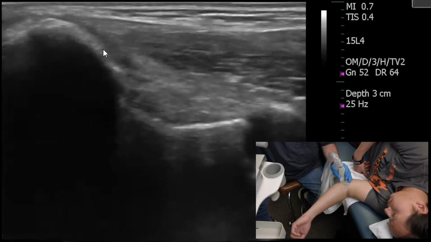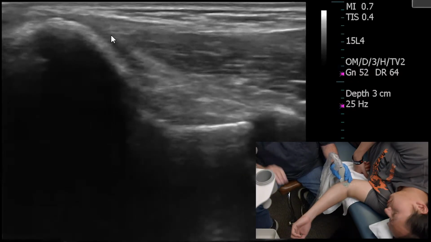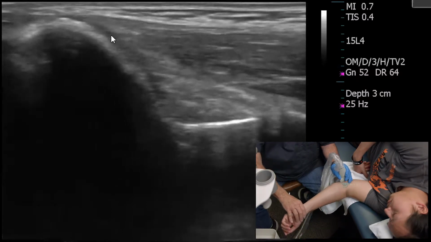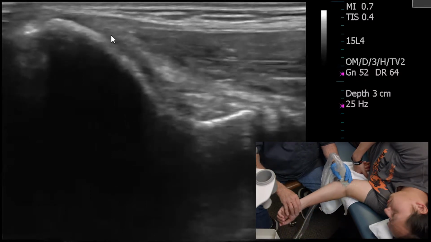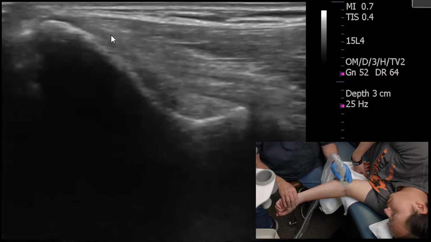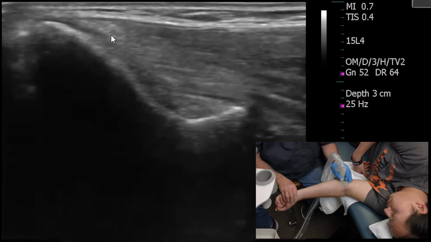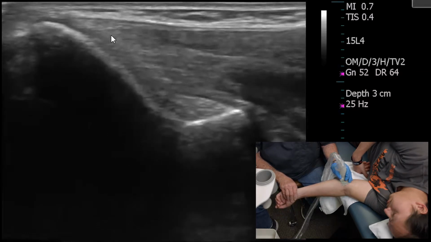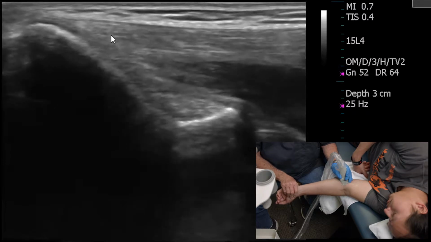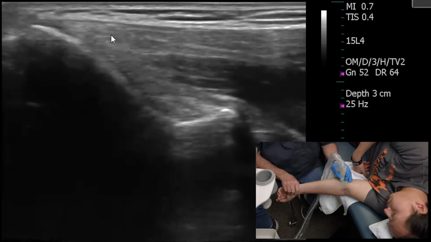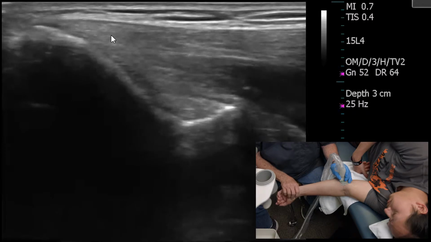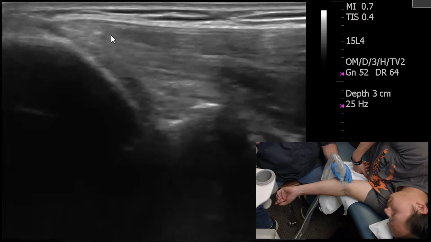Now, as I straighten the elbow out, follow the arrow, and you can see the common flexor tendon insertion. Keep your elbow still for me. Keep it there, don't move.